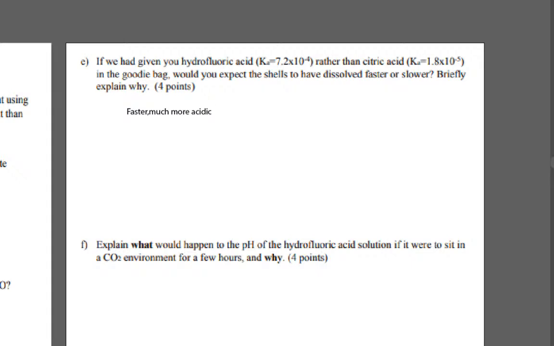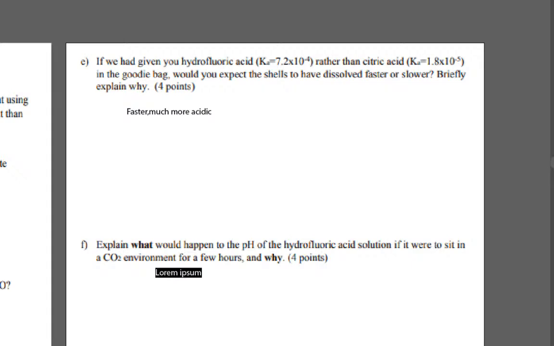Because the pH would be some sort of a constant. What would happen to the pH? It would either precipitate, or be replaced.